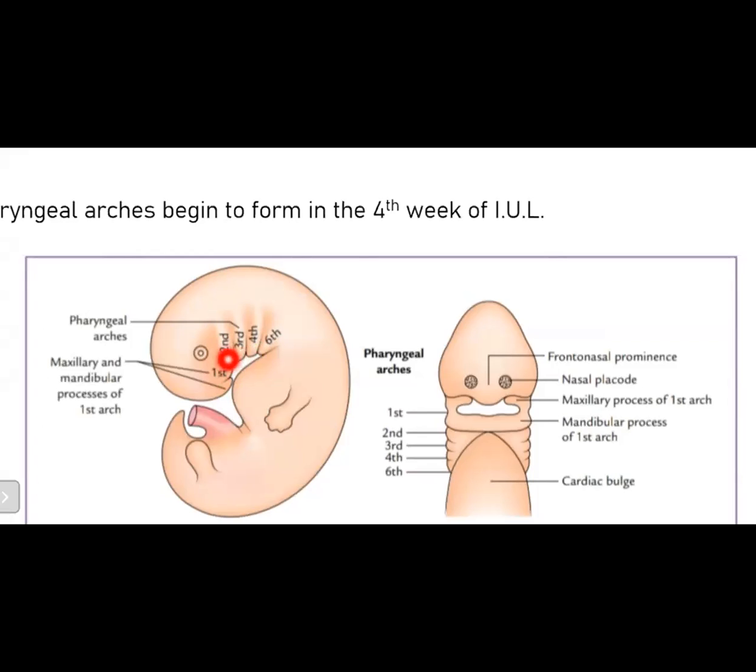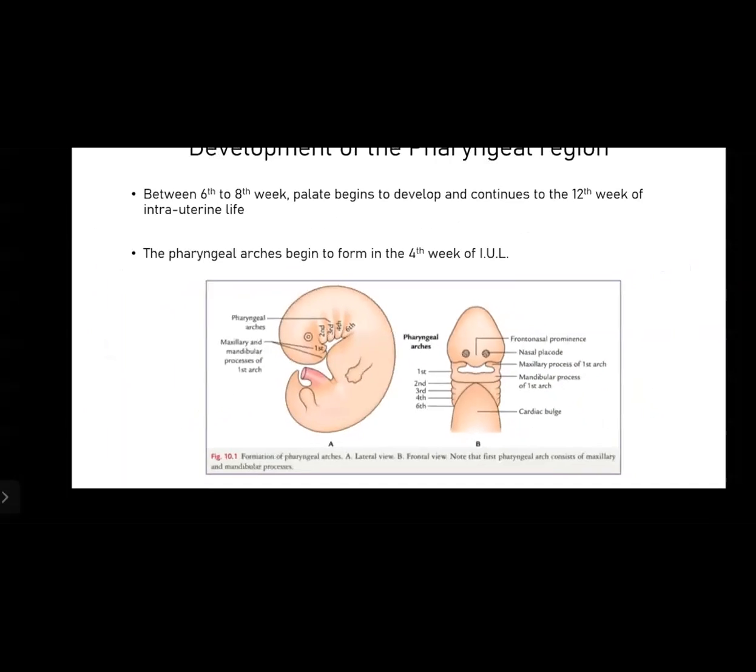So this area, which is the future neck, is the site of development of certain mesodermal thickenings along the walls, which we will come to in further slides, and these we refer to as the pharyngeal arches.